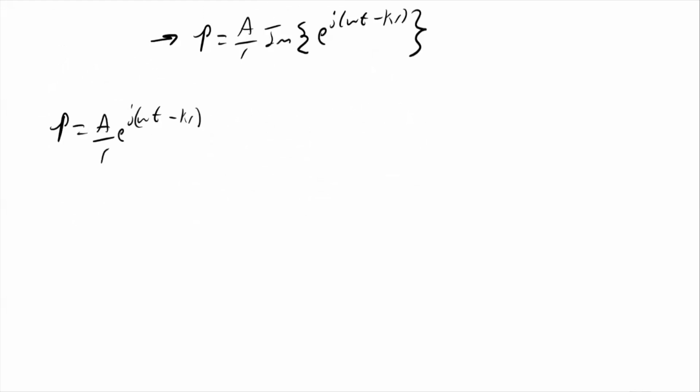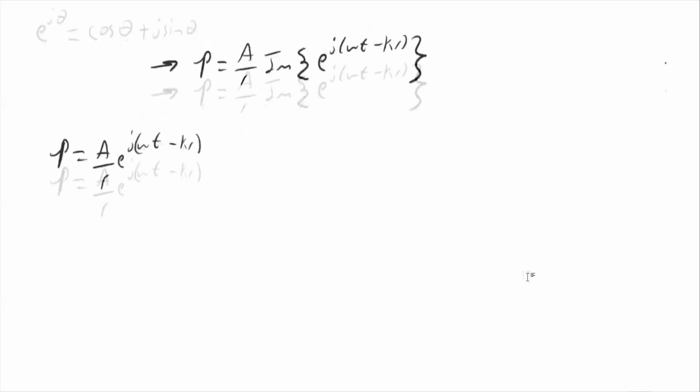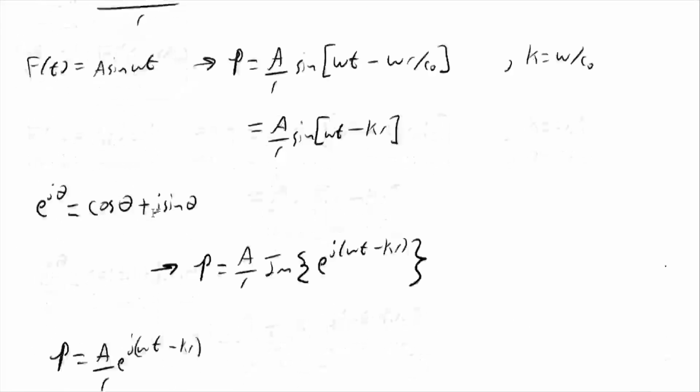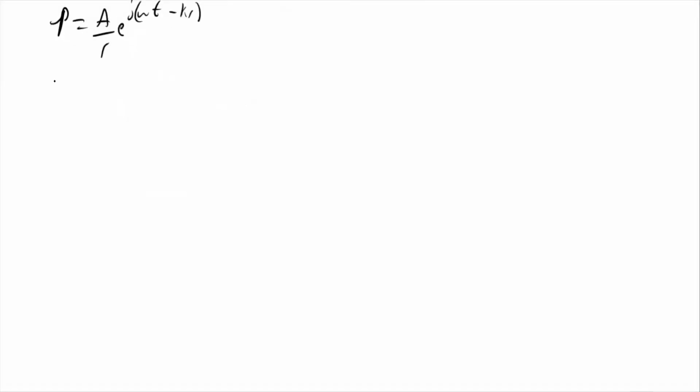Okay, so once we have our expression for a spherical wave, if you remember, we want to find impedance, so we need P over U. We have P and we need U to find the specific acoustic impedance. To do that, we recall the linearized momentum equation: rho naught du dt is equal to negative dp dr. Well, dp dr is pretty easy via chain rule.